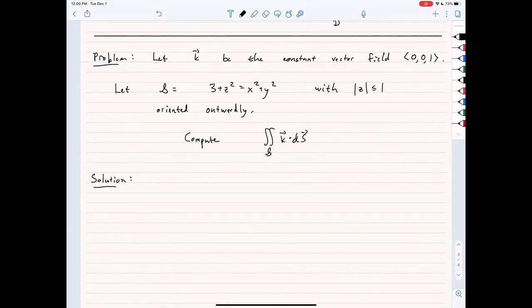Now, what is the surface in this case? That was a question. Does anyone know?